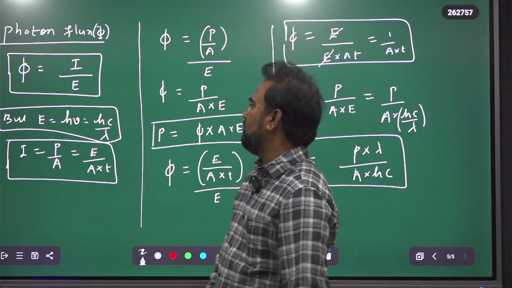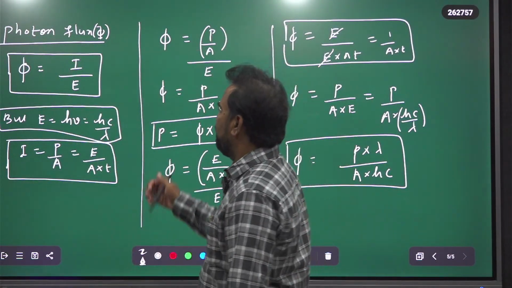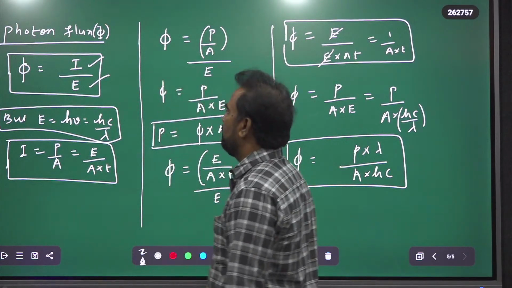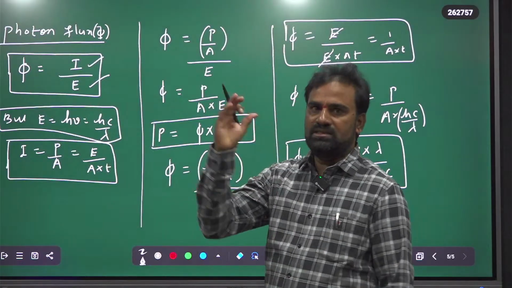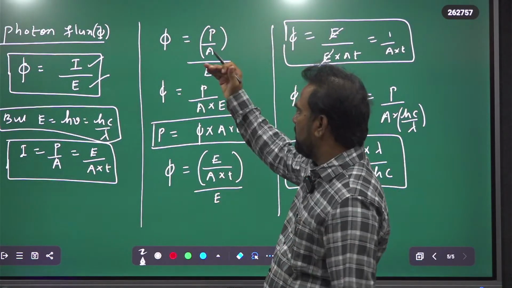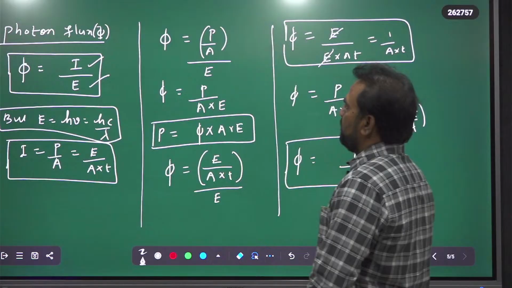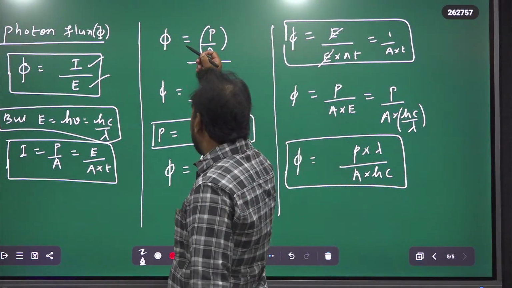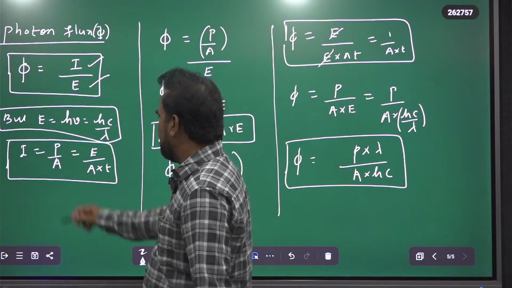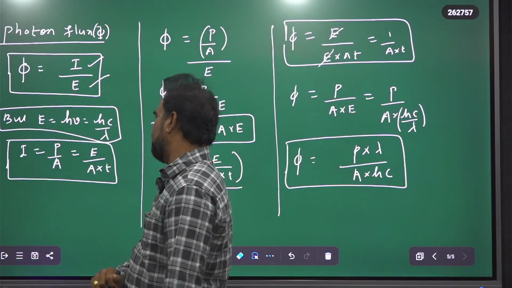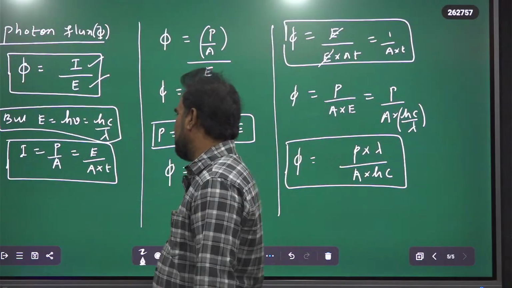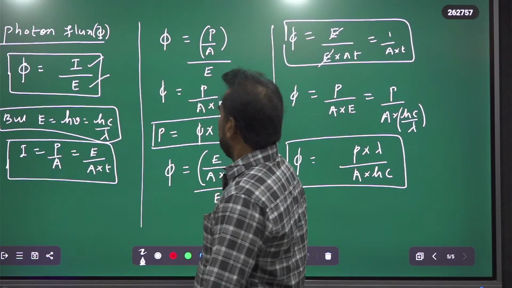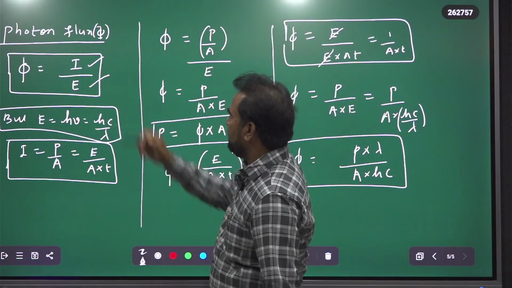Photon flux means the ratio of intensity of the light to its energy. It can be written as phi, phi is I upon E. So the different forms of photon flux I have explained here. E is equal to h nu, that is hc by lambda. I is equal to P upon A, or P is equal to E by T. Therefore, these two values are put in the above equation.